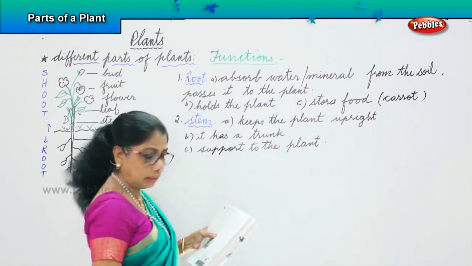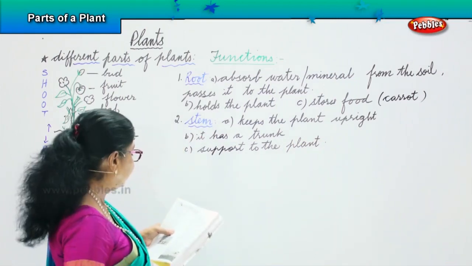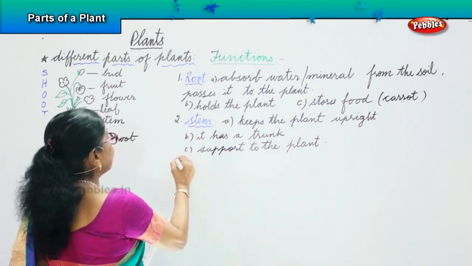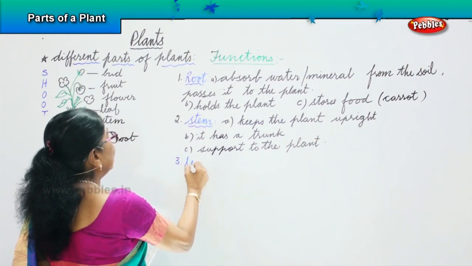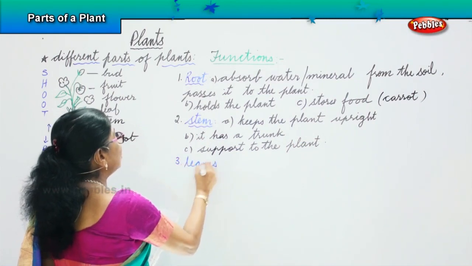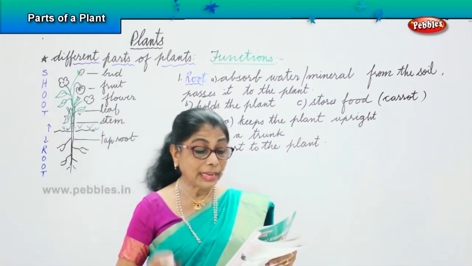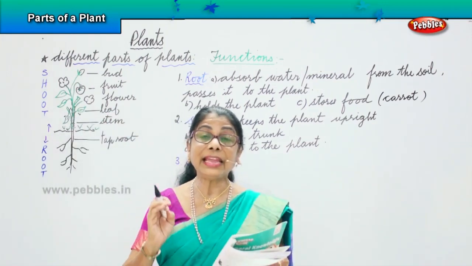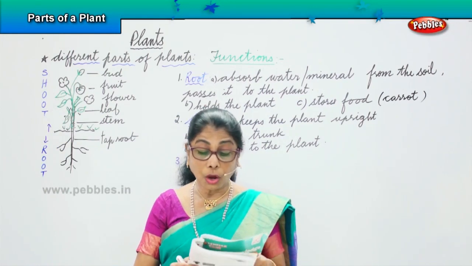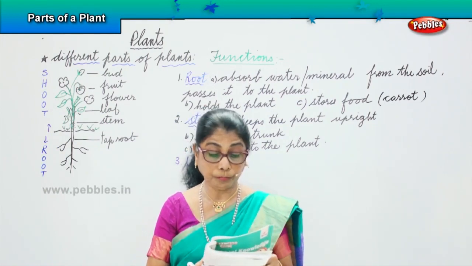The third part we are looking at is leaves. What are its functions? The leaf is a very important part of the shoot system.